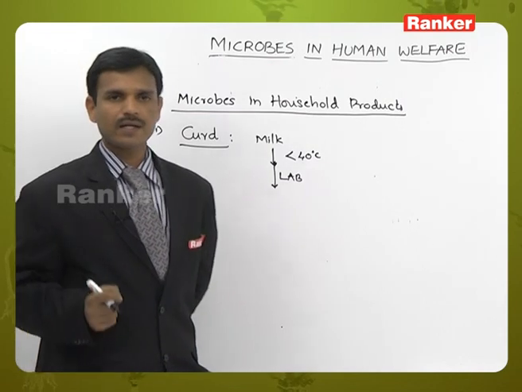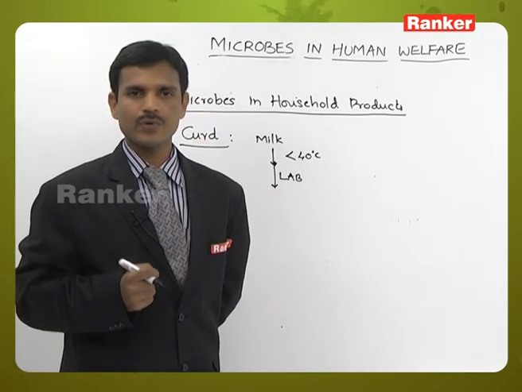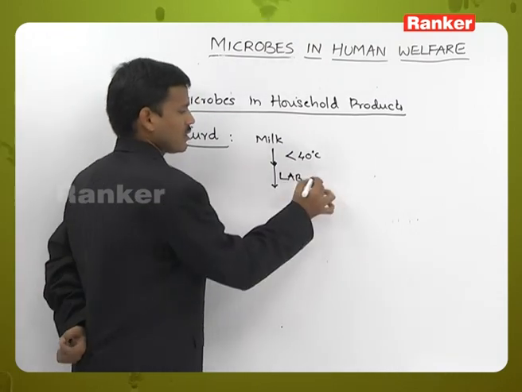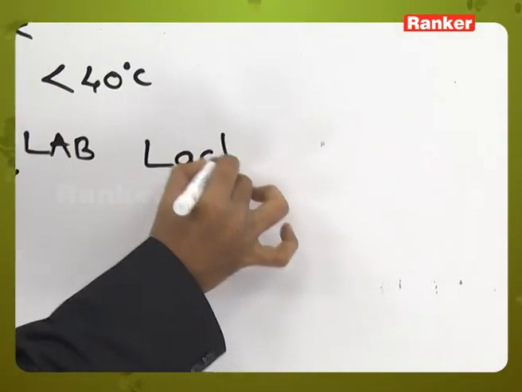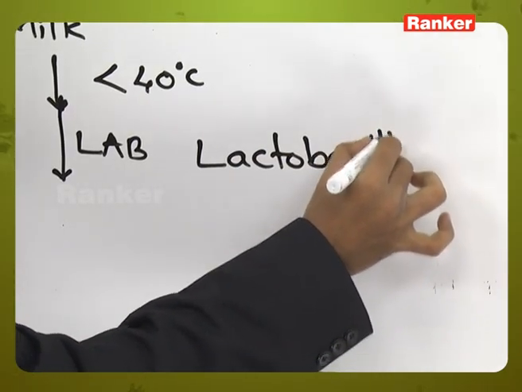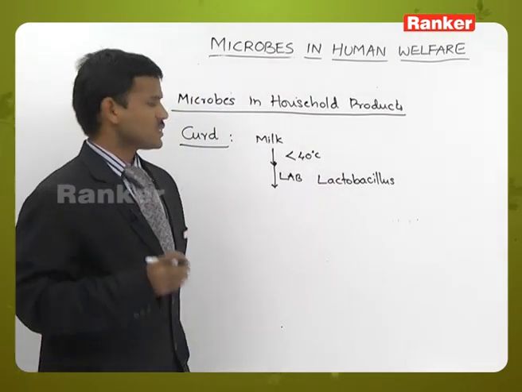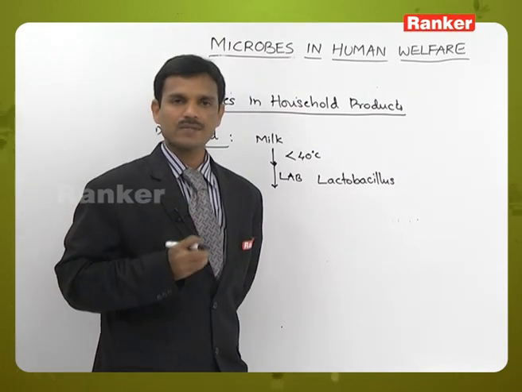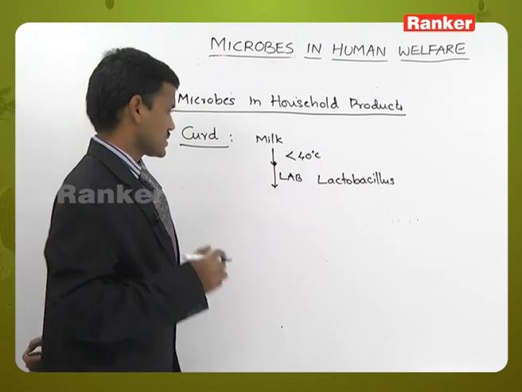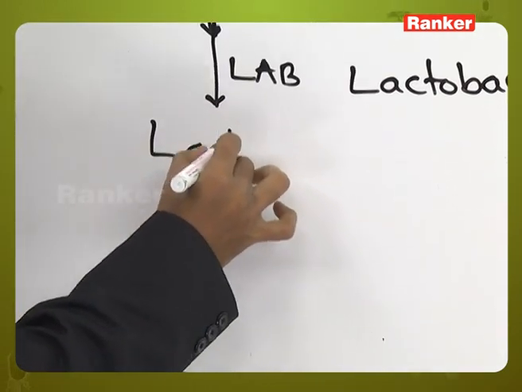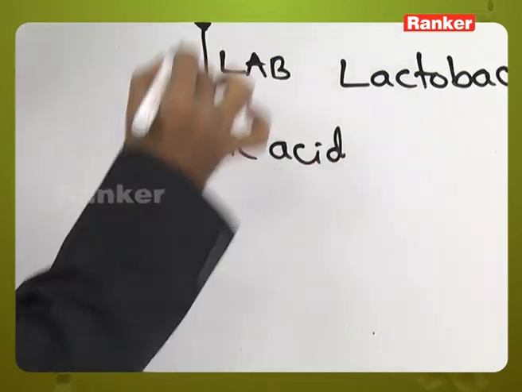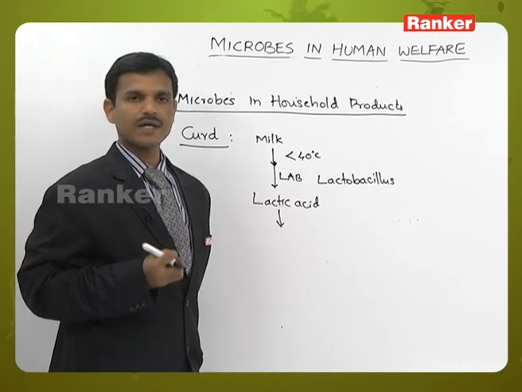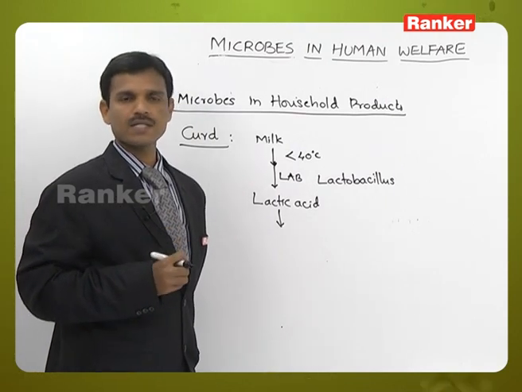So, what is LAB? Lactic acid bacteria, lactic acid producing bacteria, and other microbes also. For example, Lactobacillus. Lactobacillus is a bacterium and this bacterium is fermenting the milk. The lactic acid bacteria produce lactic acid, and this lactic acid is partially digesting and coagulating the milk proteins like casein.